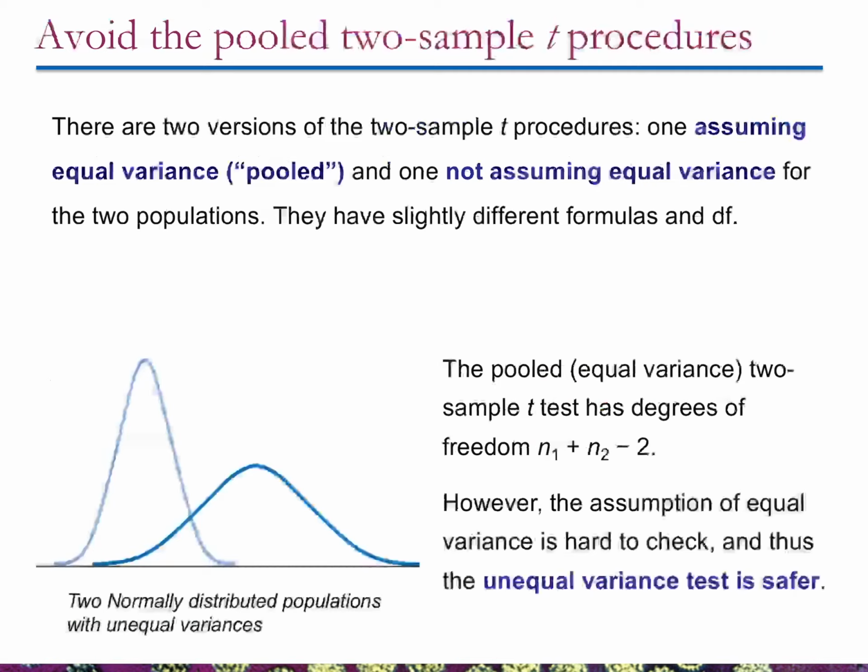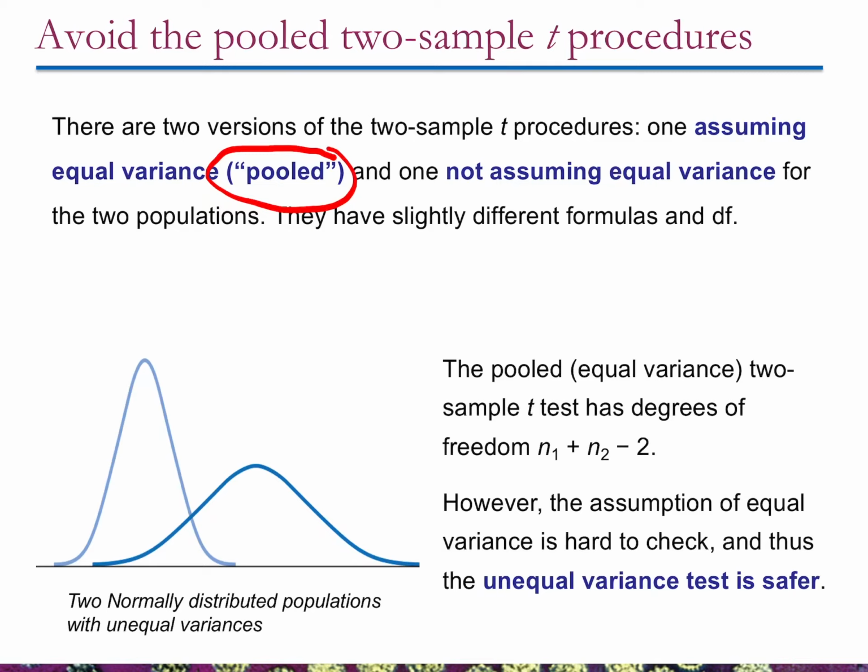One of them assumes that the variances within your 2 samples are equal. That is the pooled variance option. The other option does not assume that they have equal variance, that the variation within the two samples is about the same, okay? So one option assumes it is, that's the pooled, the equal variance. The other, the unequal variance, assumes that it's not.